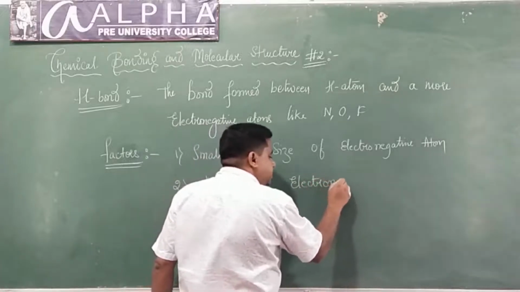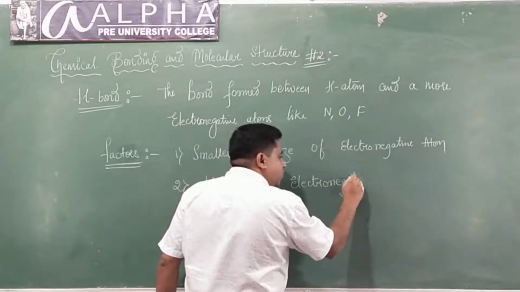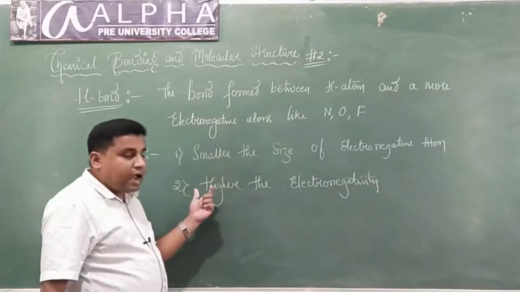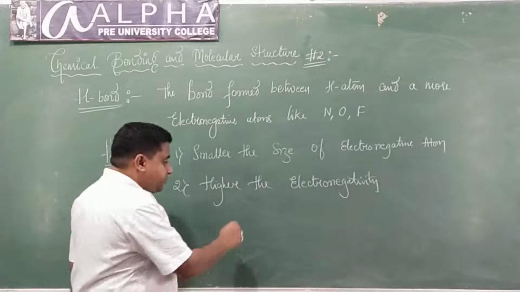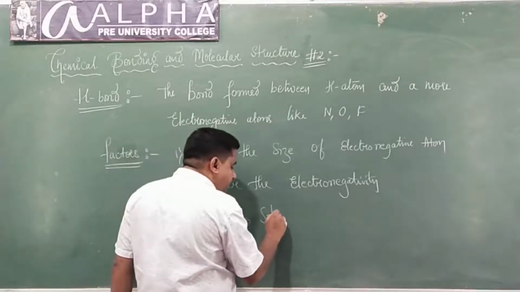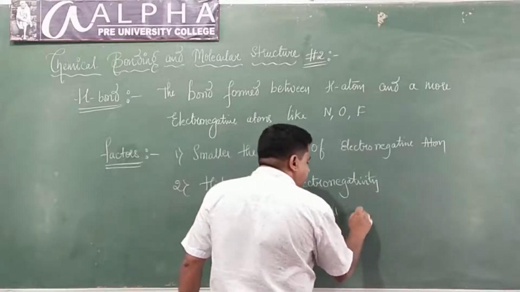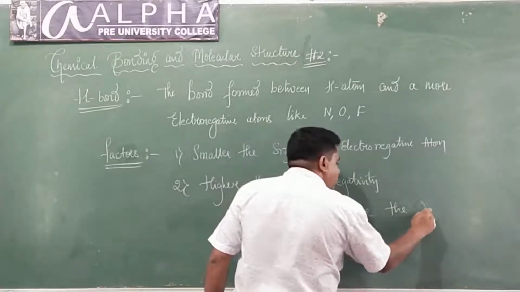Smaller the size and higher the electronegativity, stronger will be the hydrogen bond.